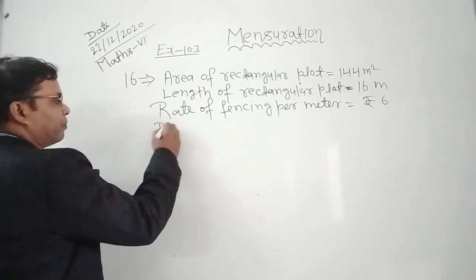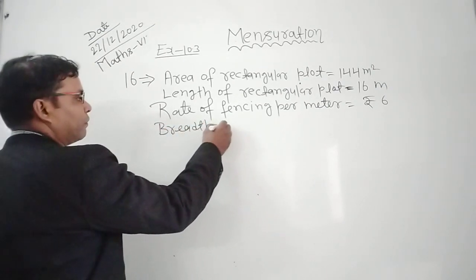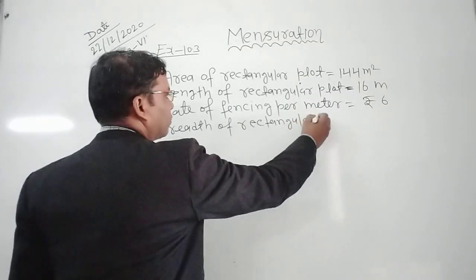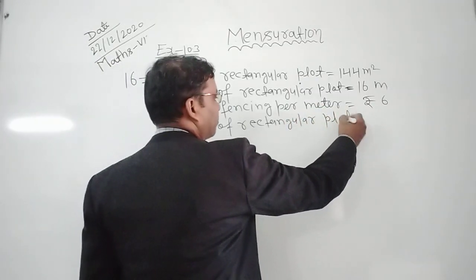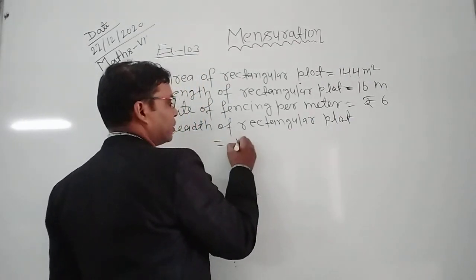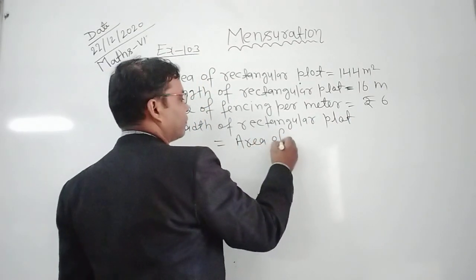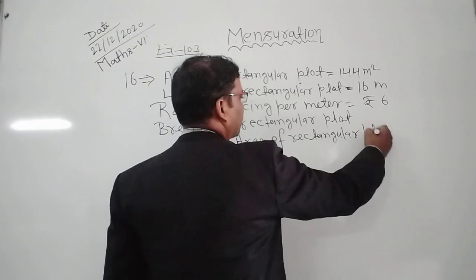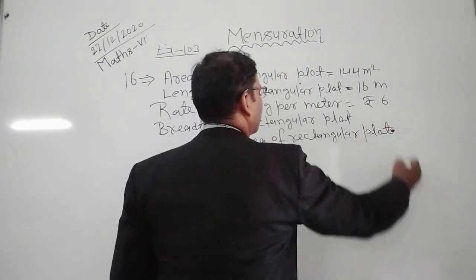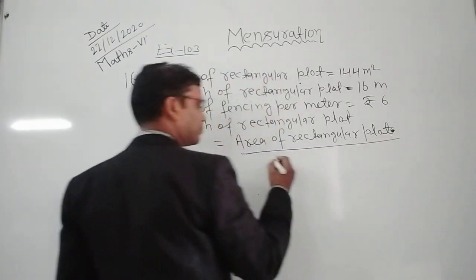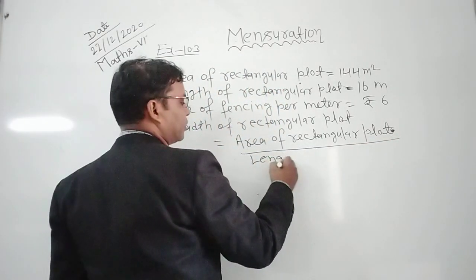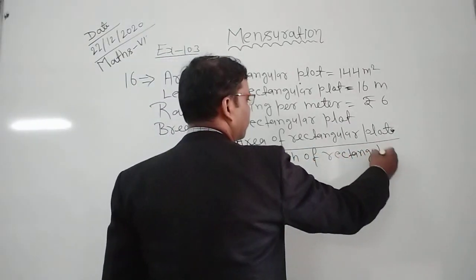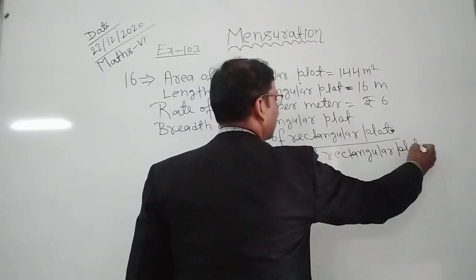So breadth of a rectangular plot is equal to area of a rectangular plot divided by length of a rectangular plot.